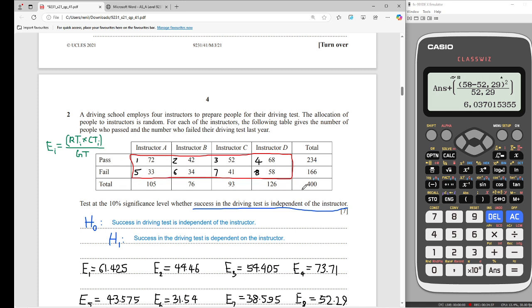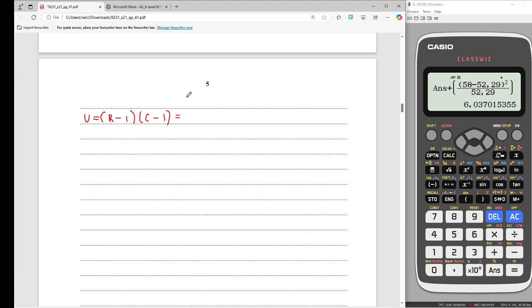We don't consider anything else. Number of rows: 2. Number of columns: 4. So 2 minus 1 times 4 minus 1, which is 1 times 3, which is equal to 3. So we've got 3 degrees of freedom.